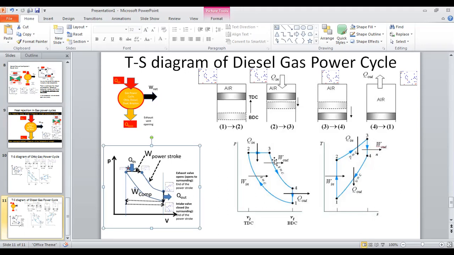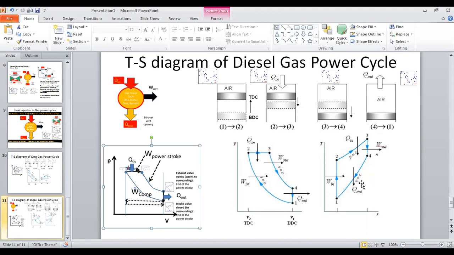Then 3 to 4, constant entropy expansion, like this. Isentropic expansion. This is W out. So this W out is bigger than this W in. You cannot judge by using this line. So it's constant entropy, isentropic expansion.